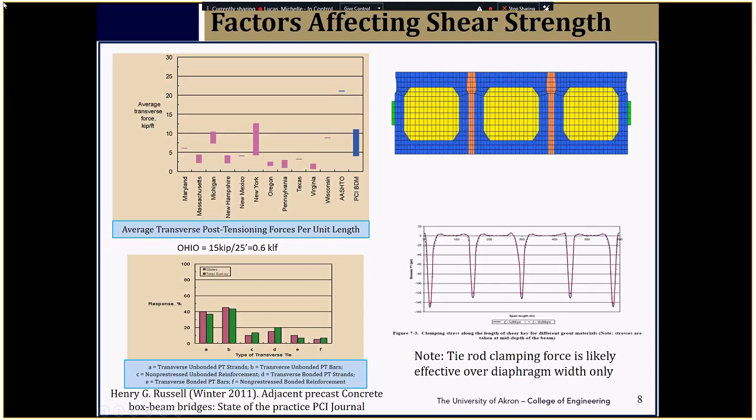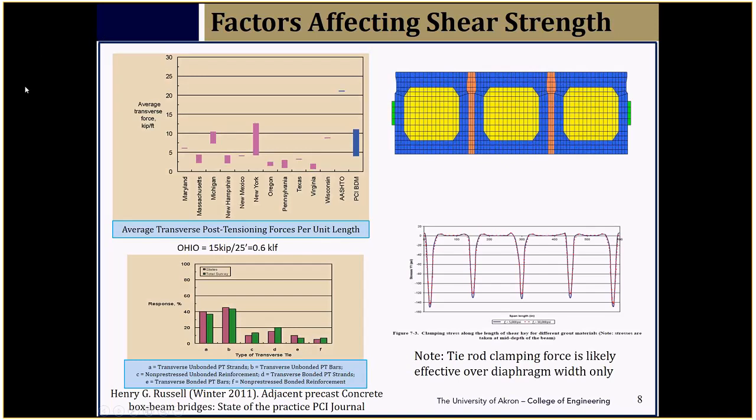On the right-hand side, I think this comes from a Michigan DOT report. A very interesting observation here is they did some finite element analysis for box beams. They combined 3 of them, and then they used tying force as one of the loads on the finite element model.